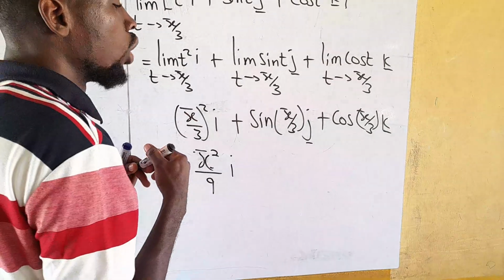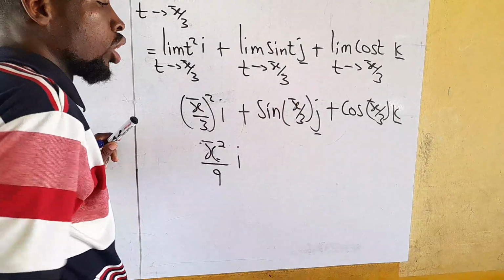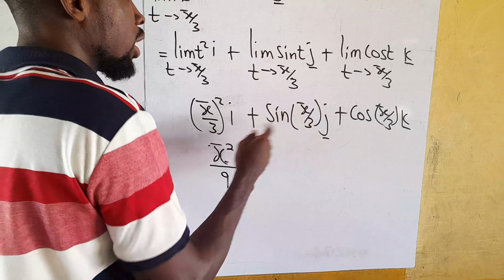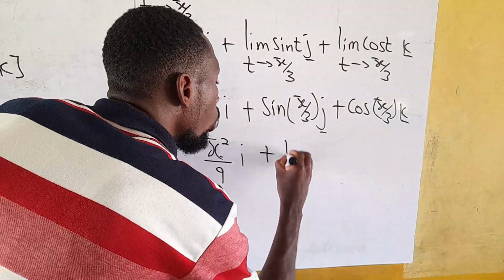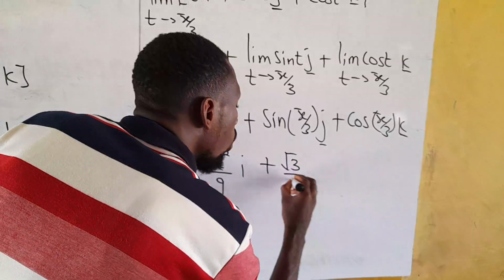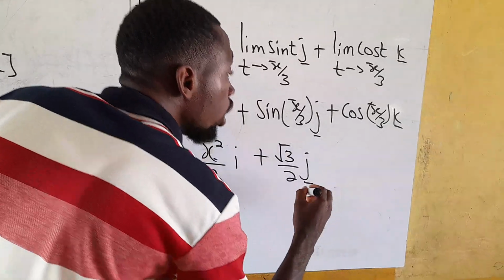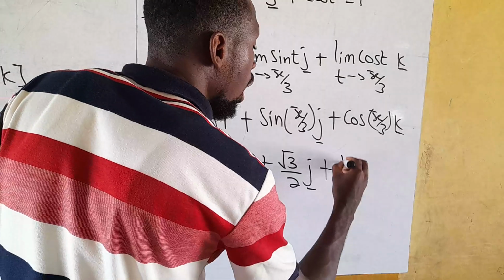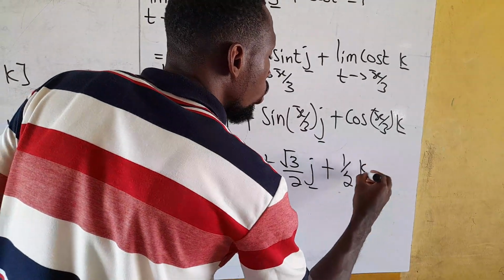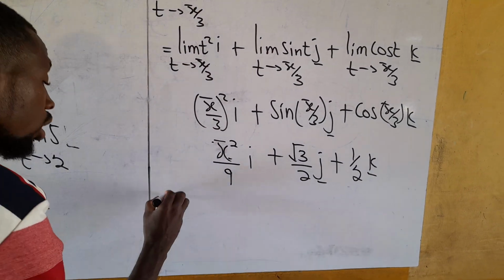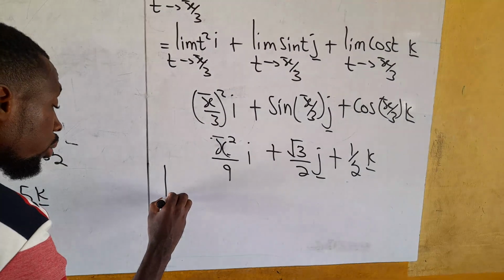Then remember I told you that pi in degrees is 180. So 180 divided by 3 is 60. Sin 60 will be root 3 over 2 in the direction of j. Cos 60 is half, so half in the direction of k. And that becomes our limit.